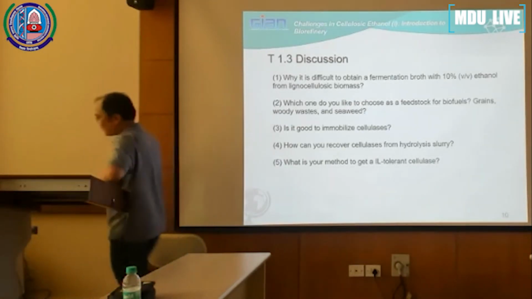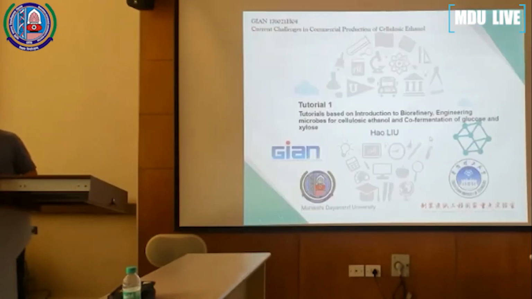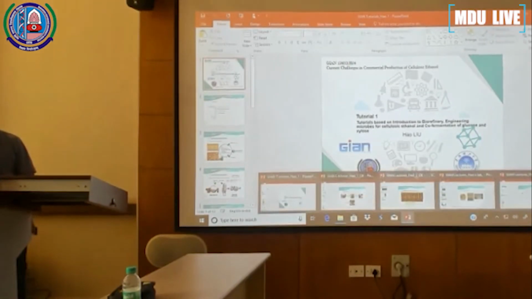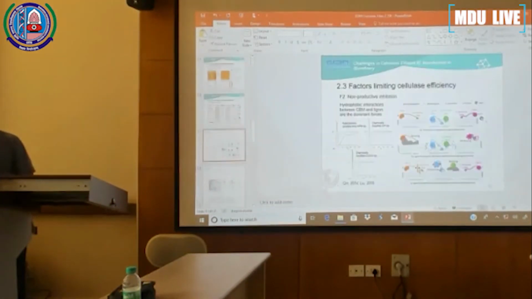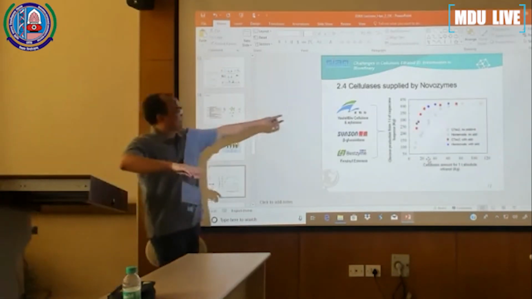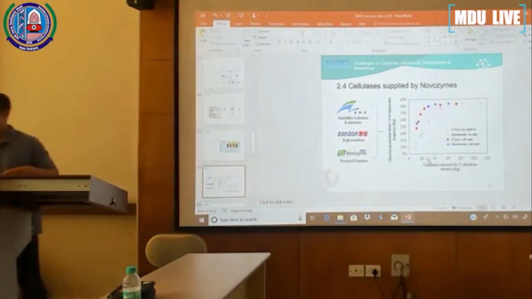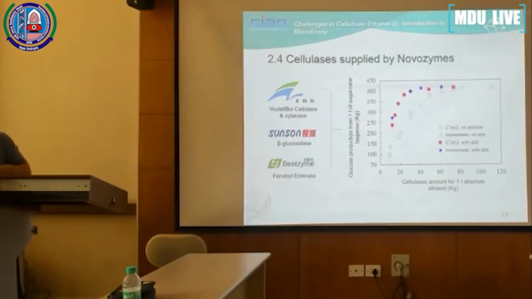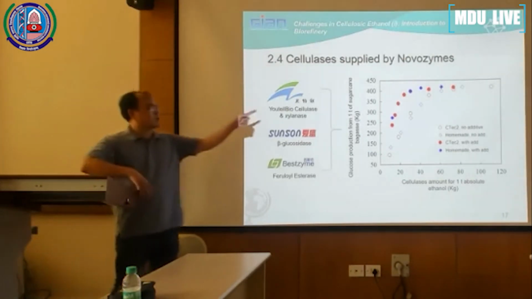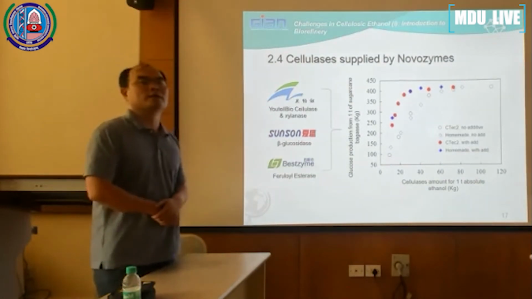But I chose another company. I tried the cellulase from this company, UTLY. You can search it on the website. The boss of this company is a very famous expert in the world.